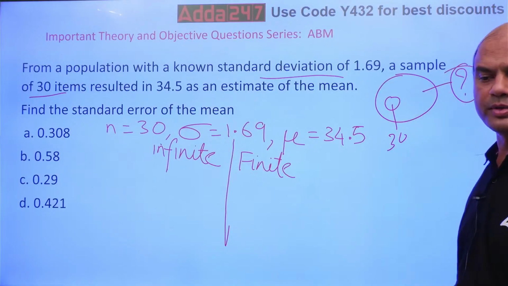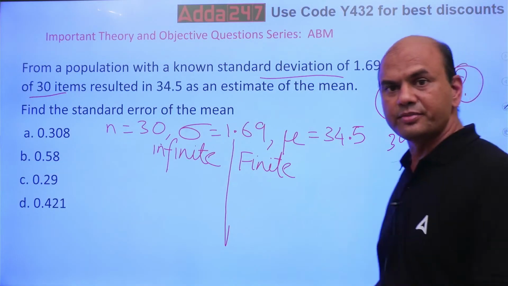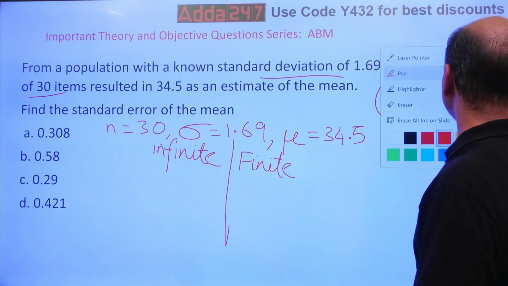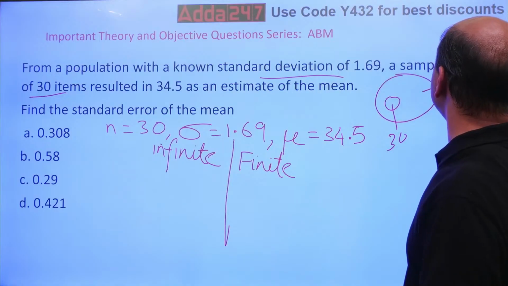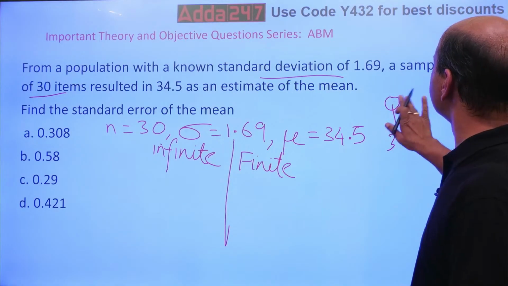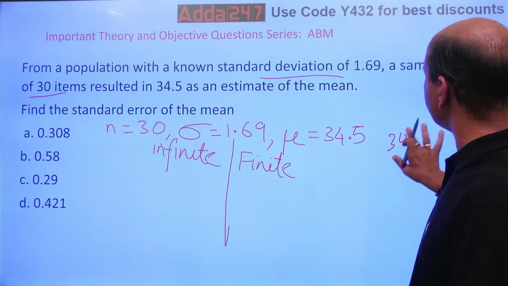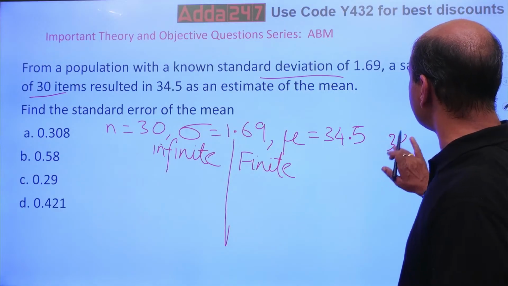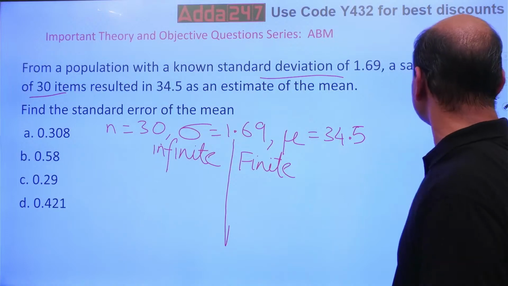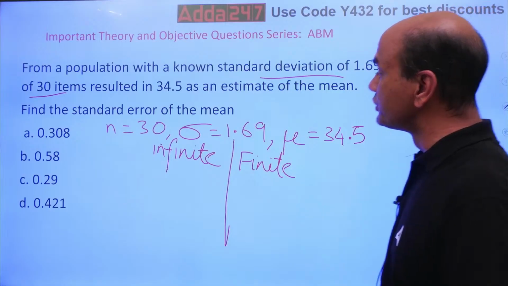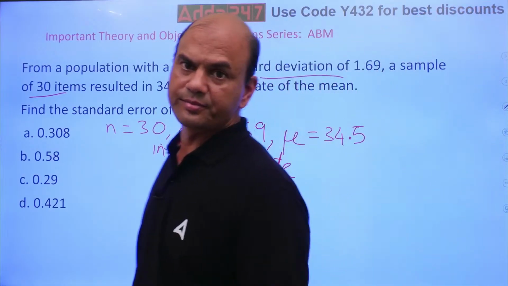You don't know, because it's not given. The number is not given. When number is not given, it means this is the infinite population. Got it? Clear? So now you'll use the formula for infinite.